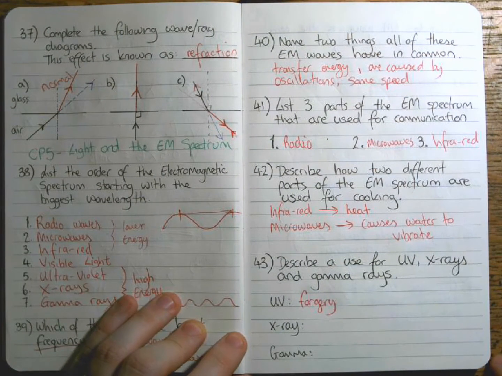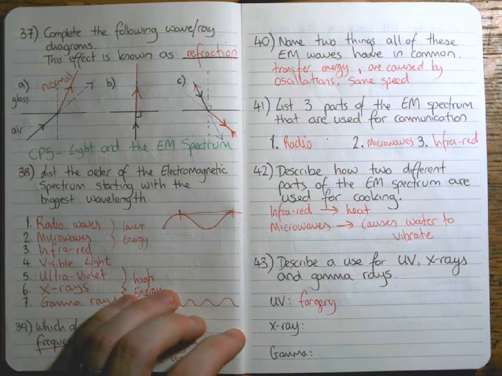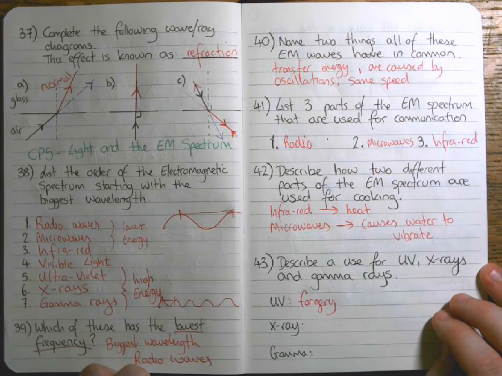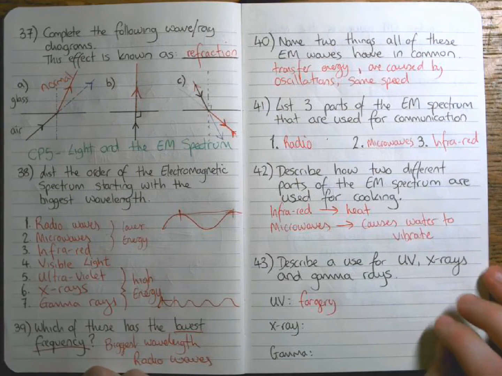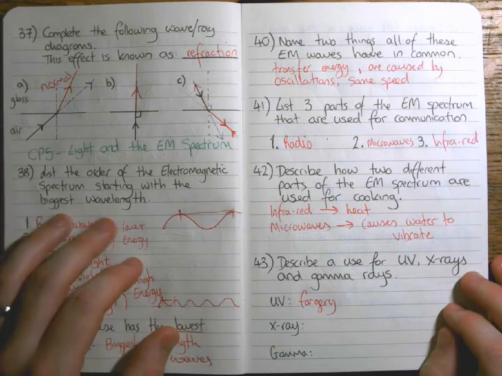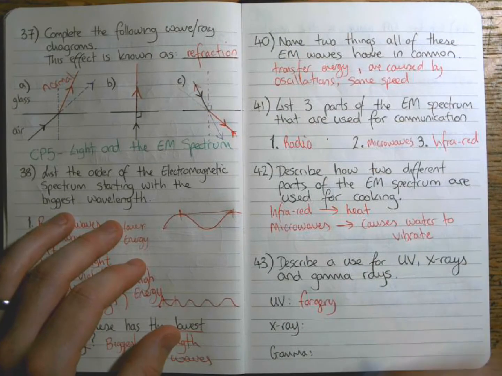You may get this when you pay for something with a note. You may see the cashier hold it under an ultraviolet light, because there'll be secret markings on the notes which are supposed to just be on notes that are real. So it can be used for that.